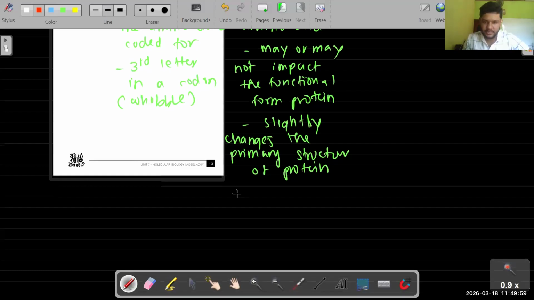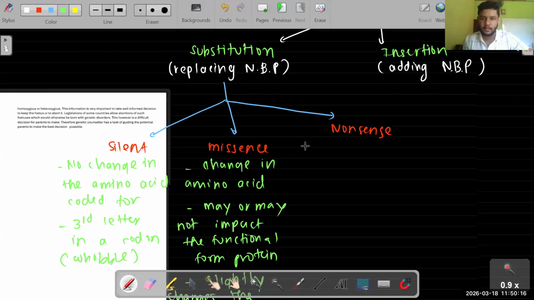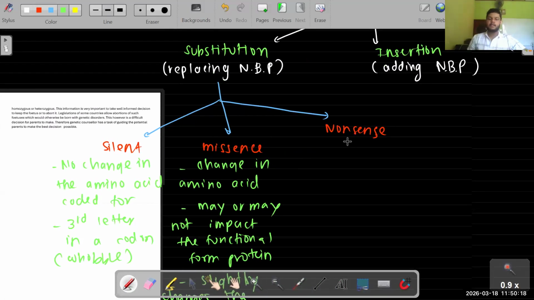And the last one here is it causes, most of the time, lethal and deleterious or neutral effects. Impact. Nonsense mutation, what does it do?